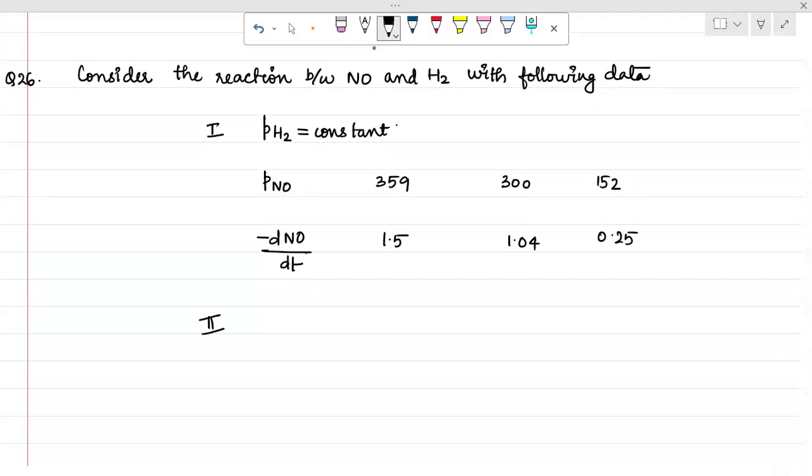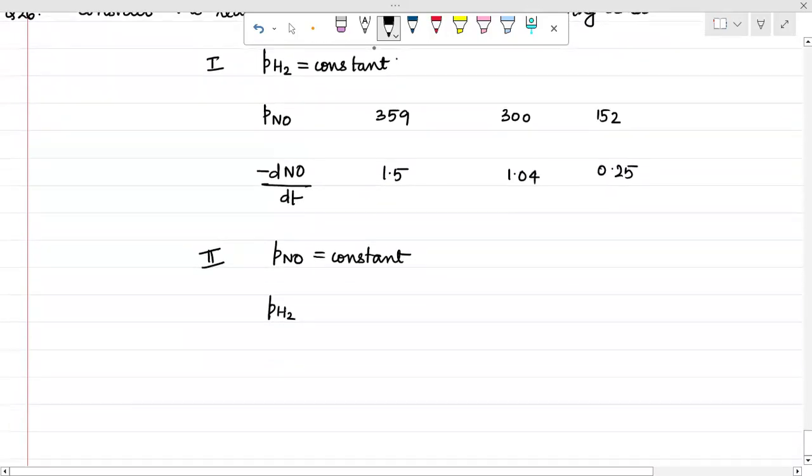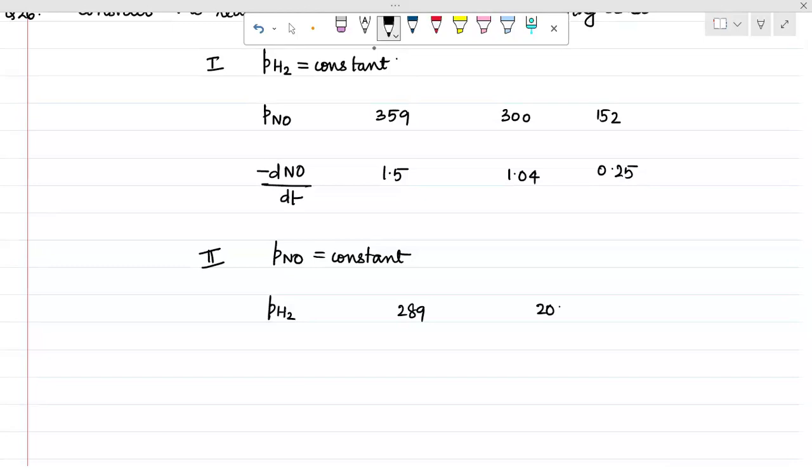Second case, the pressure of NO is kept constant and the data for H2 is given as 289, 205, and 147.